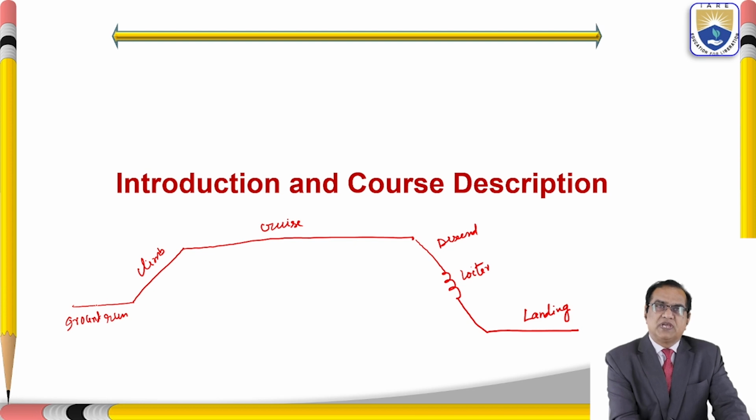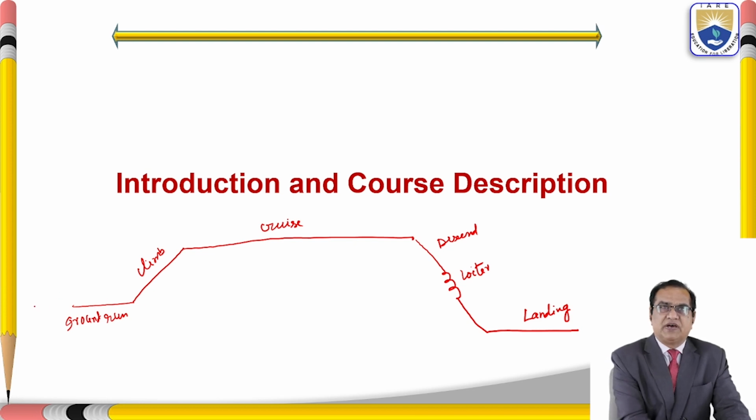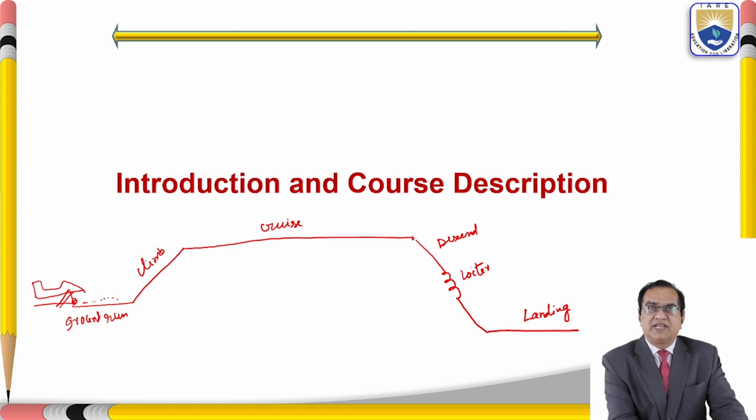So the aircraft is here on the runway. Here is your aircraft, assume. It has to run here. After running, when it gets the required speed, the aircraft will take off and then it will climb. This is the climb phase.